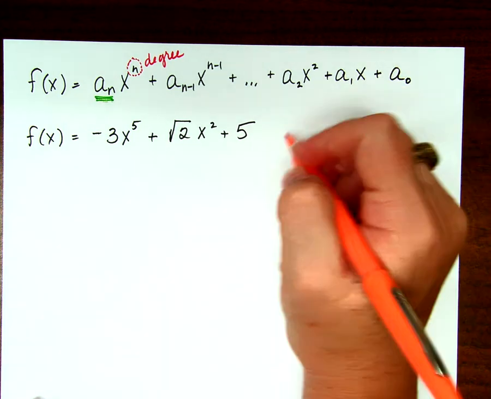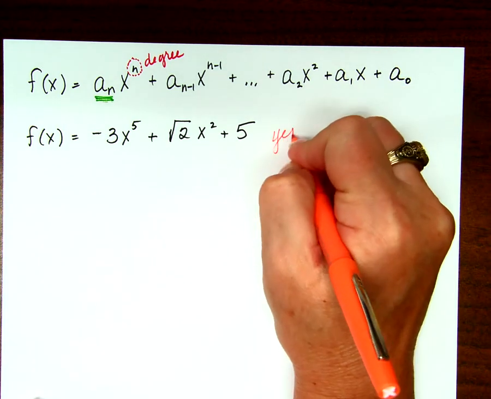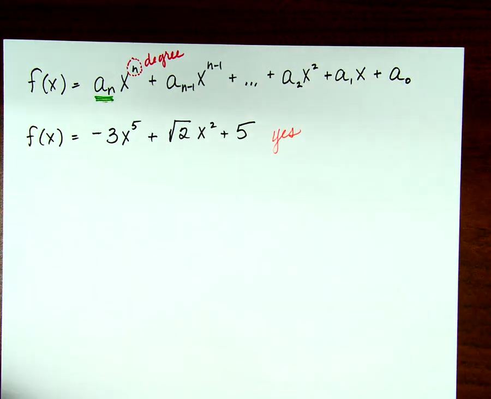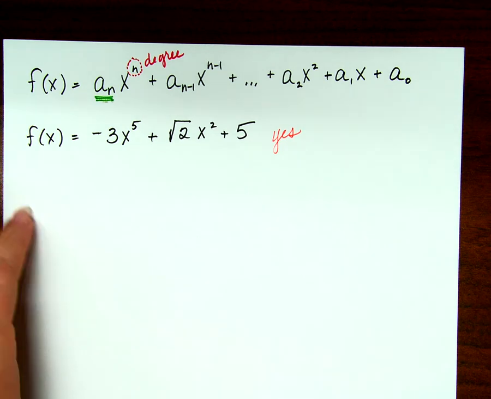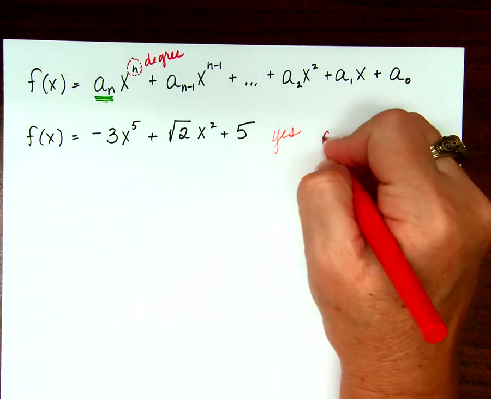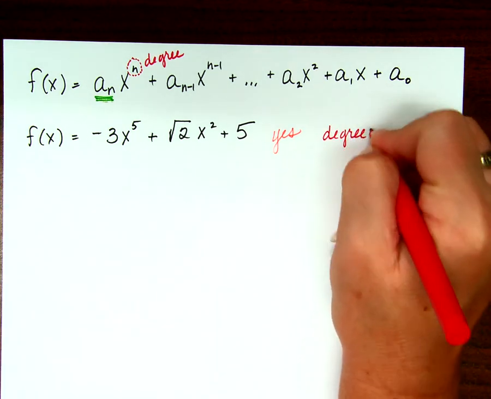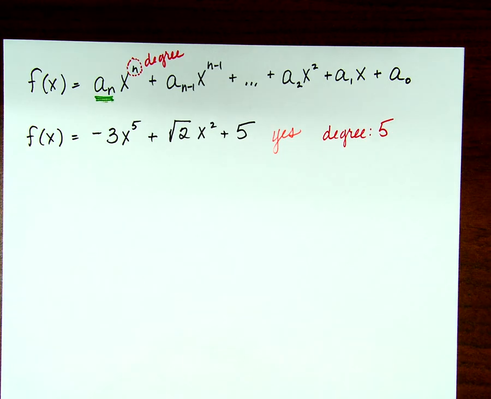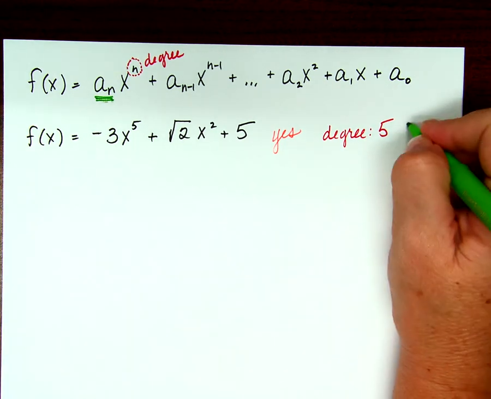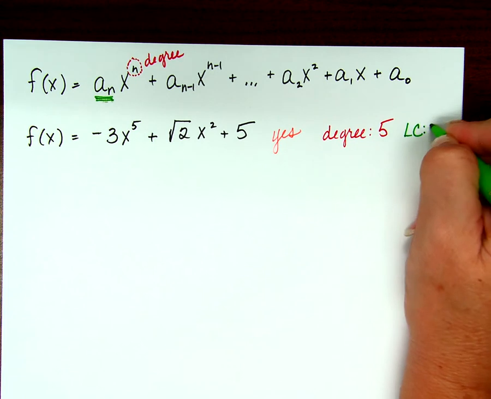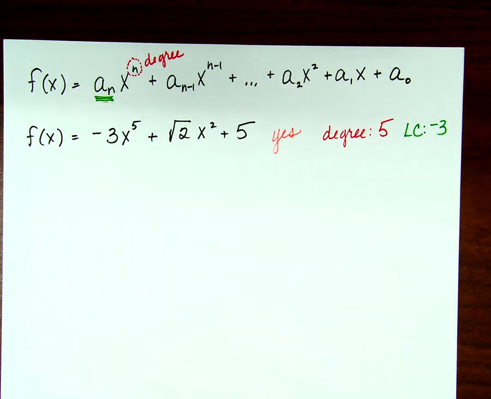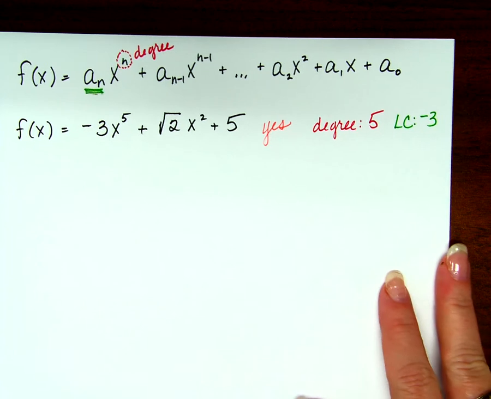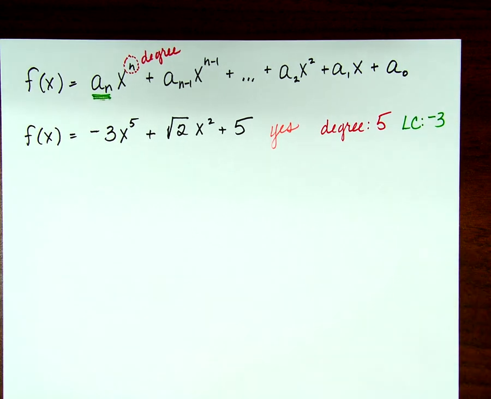Is that all that makes it a polynomial? No, but this one is a polynomial, isn't it? Okay, what is its degree? Yeah. Highest exponent, right? What's its leading coefficient? -3. Is it okay if I put LC for leading coefficient? You don't know what that means?